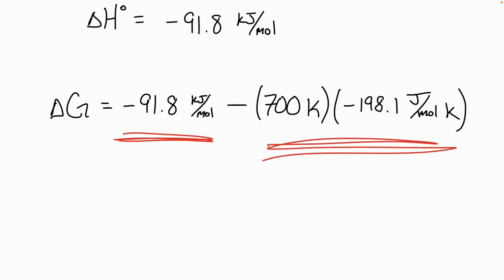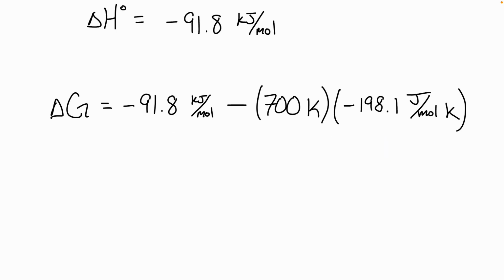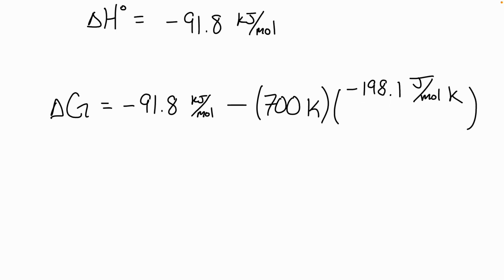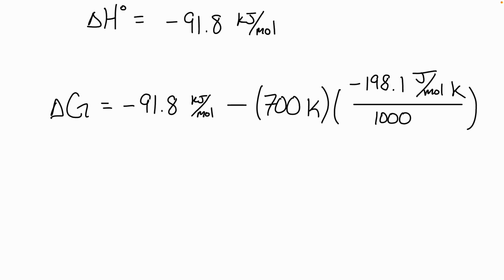What's my energy units of this term? Just the joules, right? So this is kind of a pain in the butt way in which these thermodynamic variables are listed. They have different units associated with them. So I'm going to need to convert. I could actually do either and I would get the same answer, but nonetheless, I'm going to convert my kilojoules to joules by dividing by 1,000. There are 1,000 joules per kilojoule.